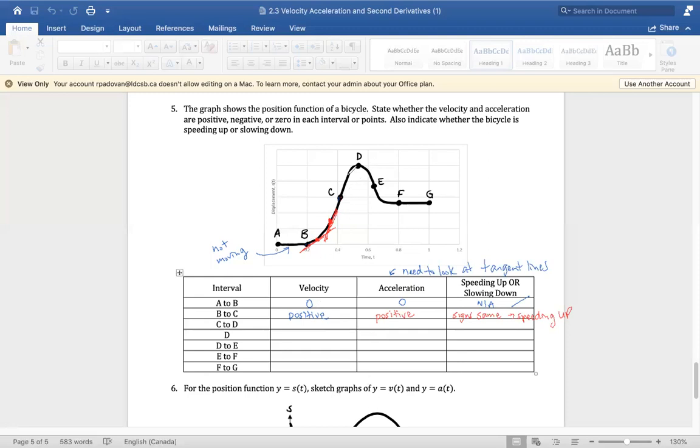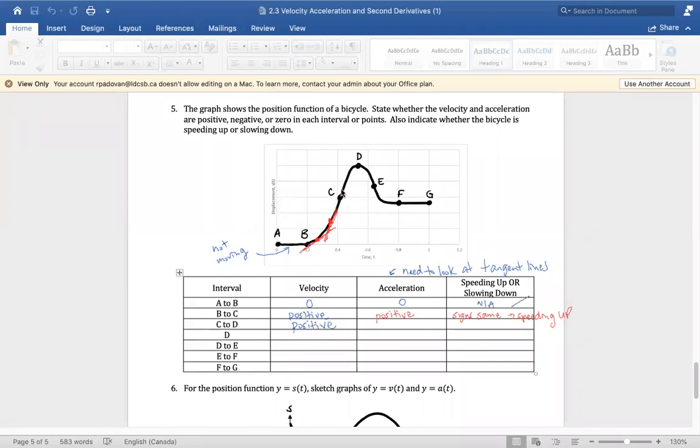So now let's look at between C and D. Again, I'm increasing, so my velocity is still positive. I would put positive there. But to look at my acceleration, I need to go back and look at my tangent lines. Let's go back to red here.